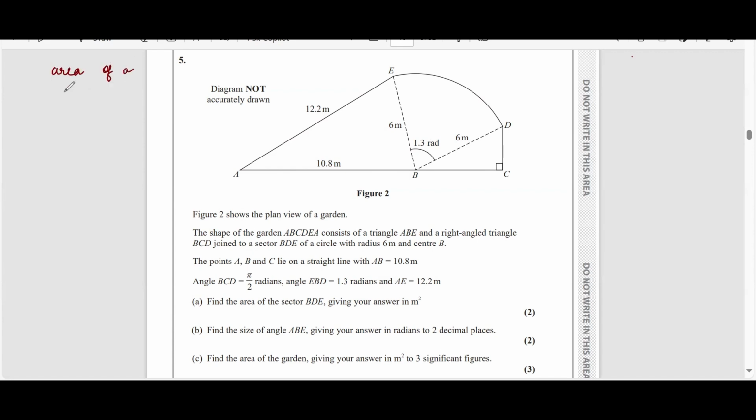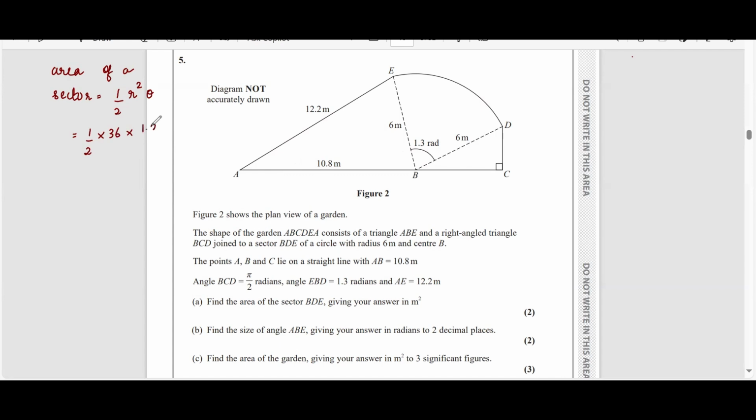Area of a sector is half r squared theta. Here the radius is given as 6, so r squared, 6 squared, gives us 36, and theta is 1.3 radians.